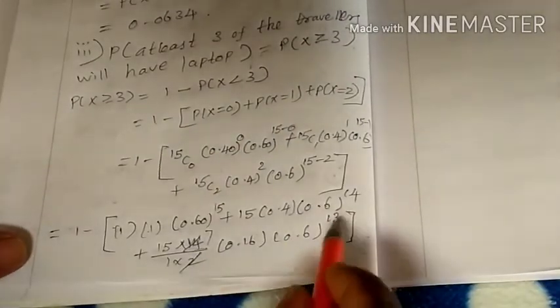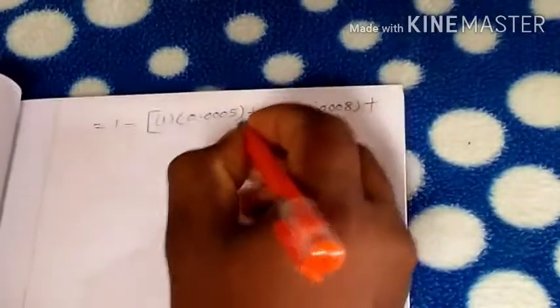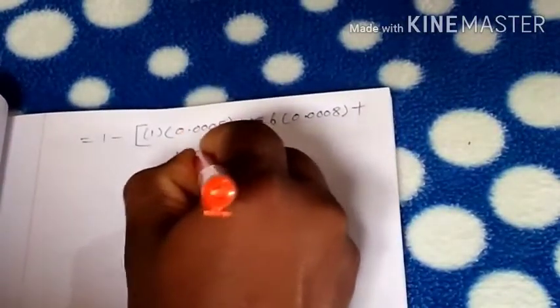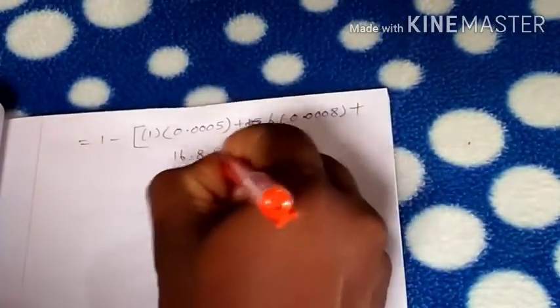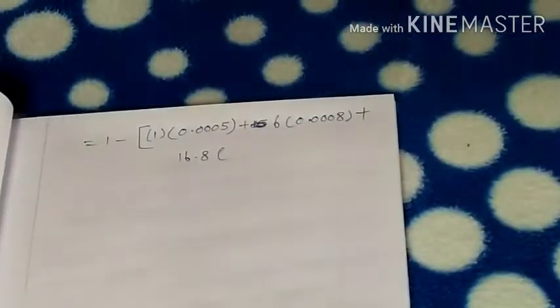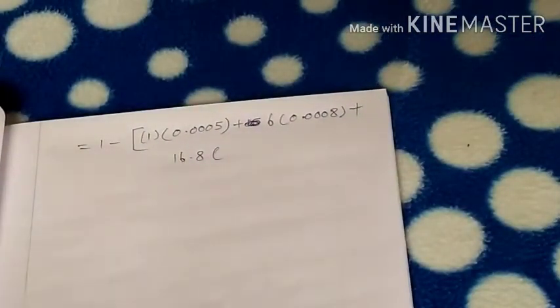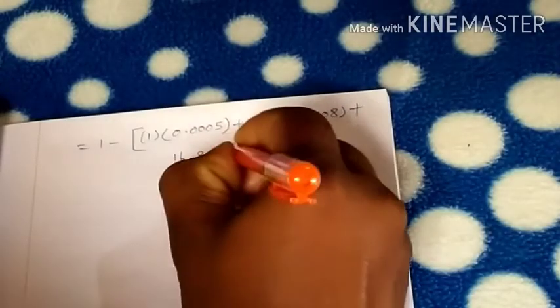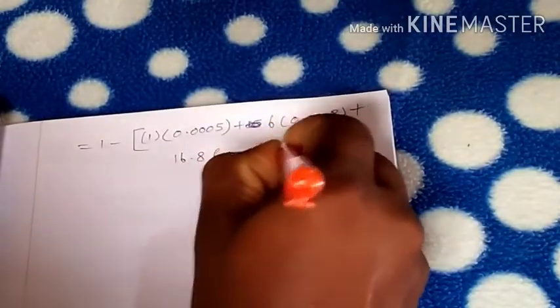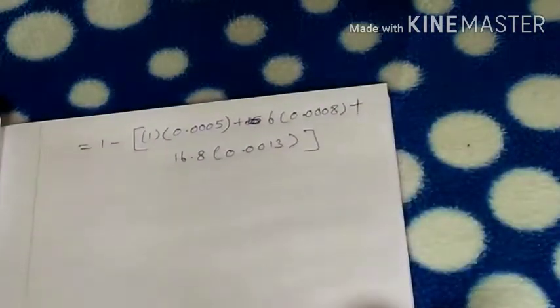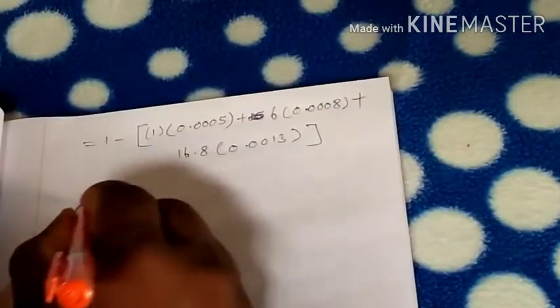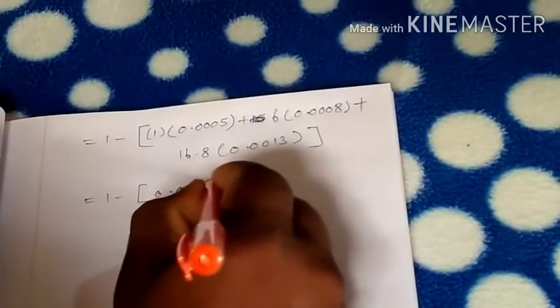Then find 0.6 power 13, and 16.8 into 0.6 power 13. 0.6 power 13 equals 0.0013. Then this is equal to 1 minus 1 into this value 0.0005.